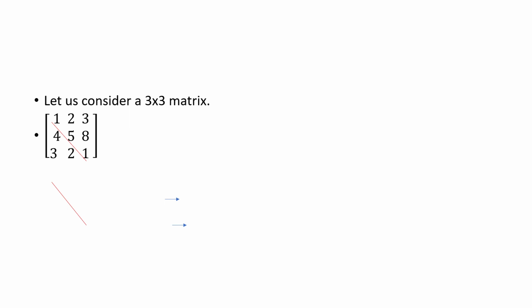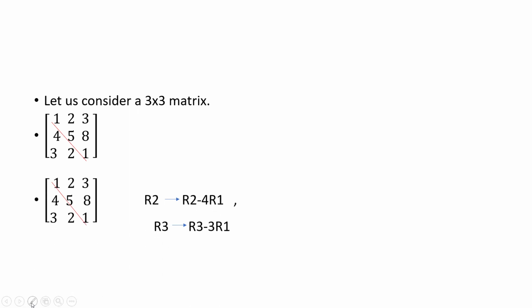First, I will be converting 4 and 3 to zeros. For that purpose, I will be using the row operation R2 goes to R2 minus 4R1 and R3 goes to R3 minus 3R1, such that 4 and 3 become 0.